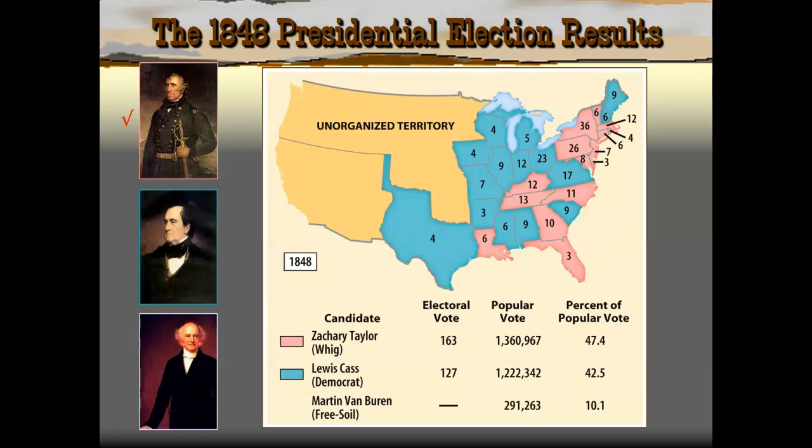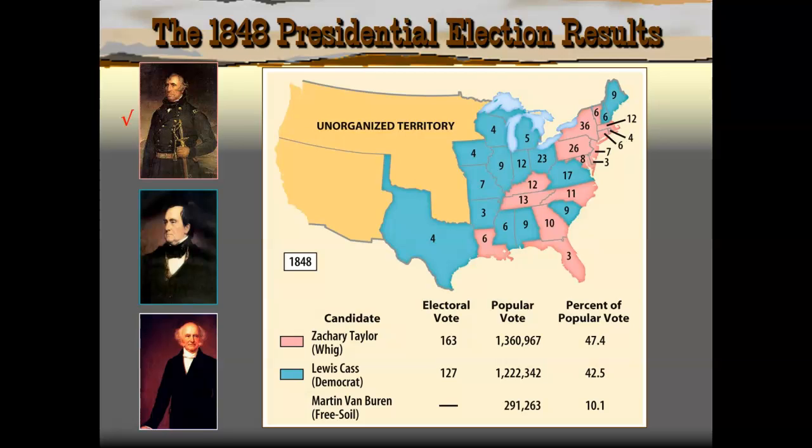Back in 1840, James G. Birney had run as a third-party candidate for the Liberty Party and opposed the expansion of slavery. Martin Van Buren will become one of the leaders of this. Remember, he is from New York, and New York is a free state.